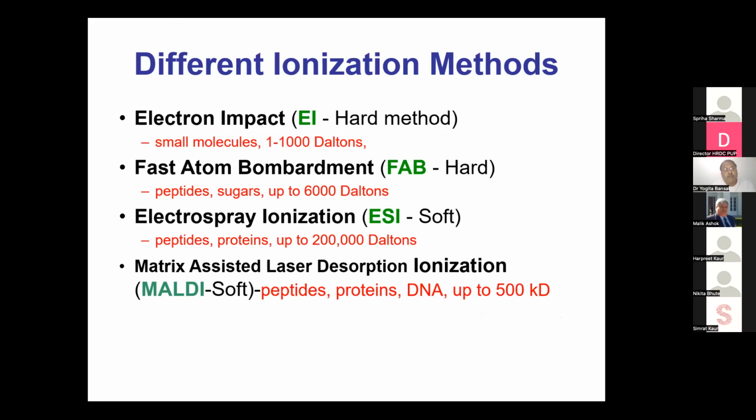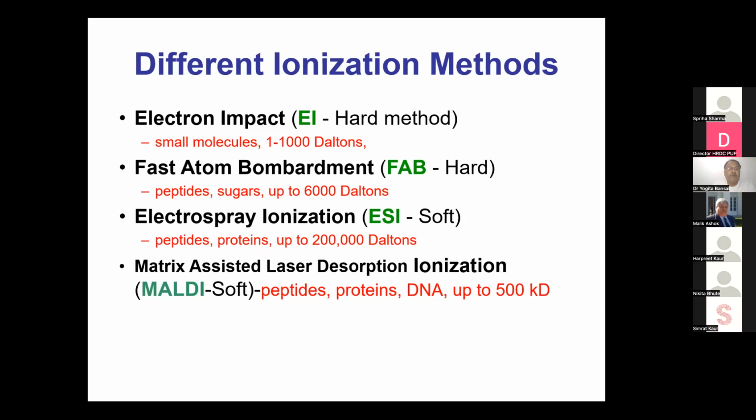Basically, there are more than four techniques, but we are focusing mainly on four because these are the most commonly used in environmental analysis: electron impact, fast atom bombardment, electrospray ionization, and matrix-assisted laser desorption ionization.